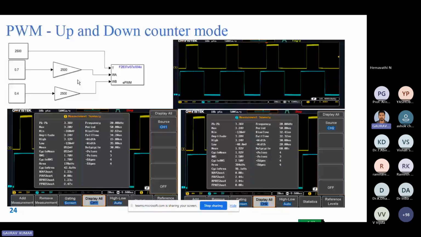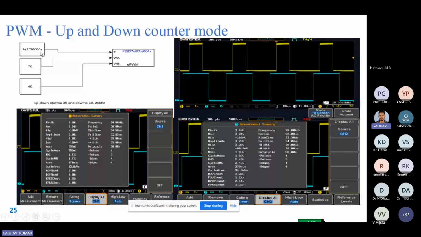If we want to generate a 20 kilohertz pulse, then you give 1 by 20 kilohertz. If you want a 30% duty cycle, you give 1 minus 30%, and for a 40% duty cycle, similarly.